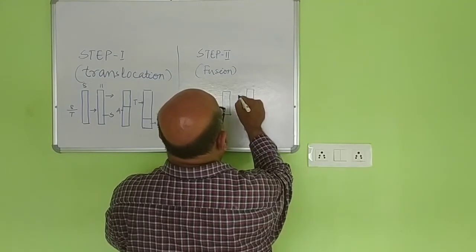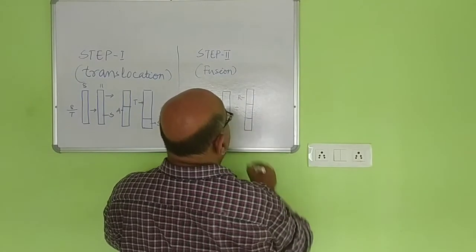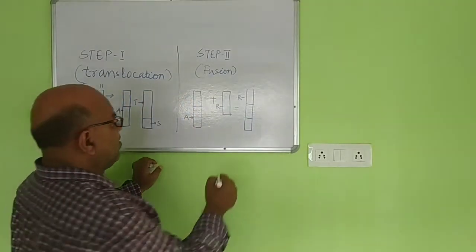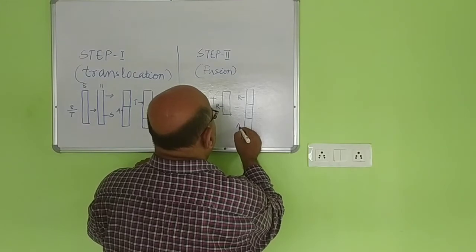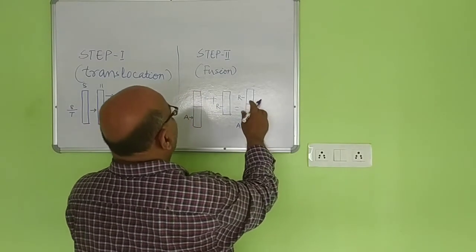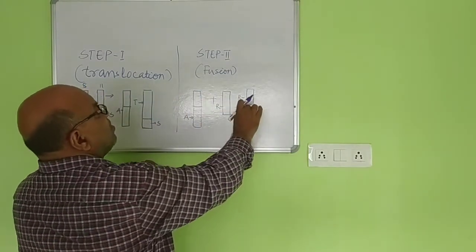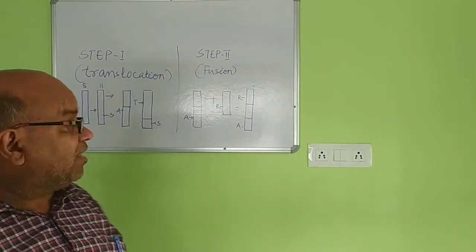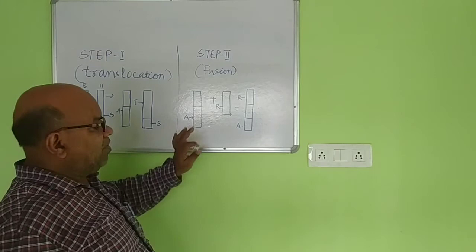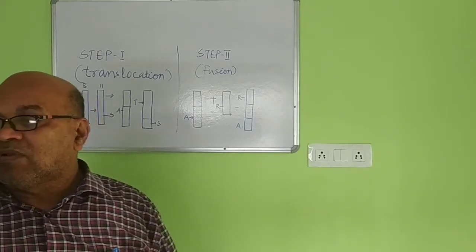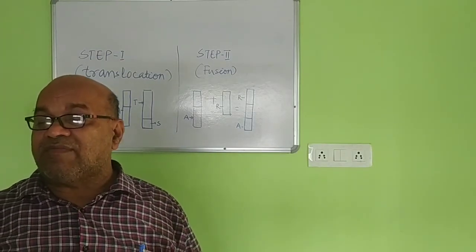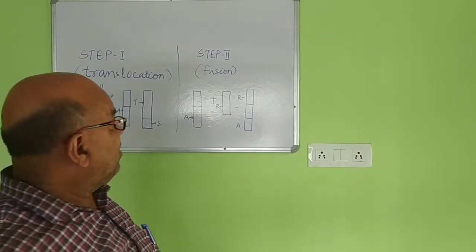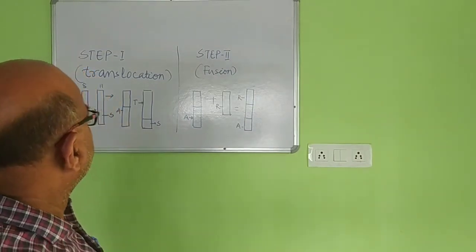It is R, no doubt, and this is your A. You find the middle portion remaining here. Okay, this is known as fusion, and it is accomplished in step 2. Then you find step 3.